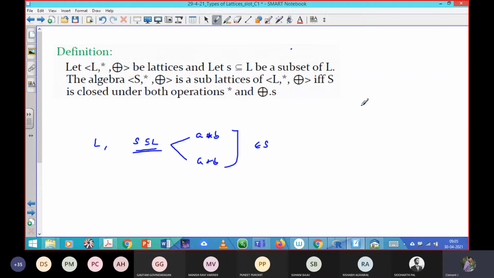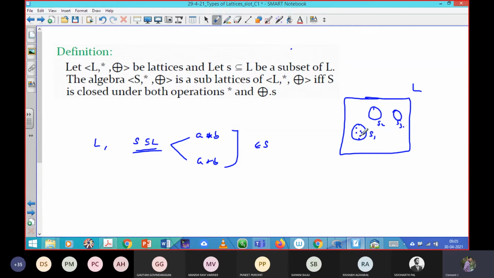Listen carefully. You might have the largest set, that is L, a lattice, in which you pick subsets, many subsets. So this may be S1, S2 or S3, in which there might be some elements A, B, C, D, whatever they may be.